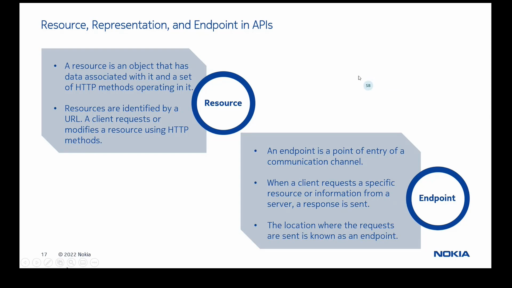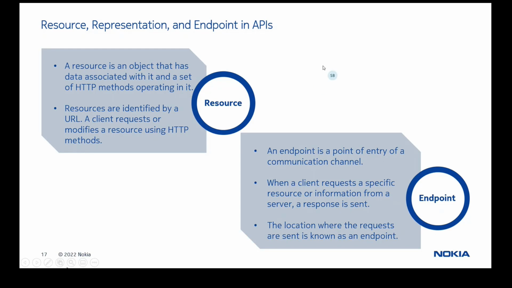Lots of times, if you start looking at API documentation, some of the things you'll definitely need to know right away are: what is the resource, what are the endpoints, when do we need to change them, and what is the representation? I have a slide a little bit later which will highlight it a bit easier for you. But for right now, I just have some definitions here.